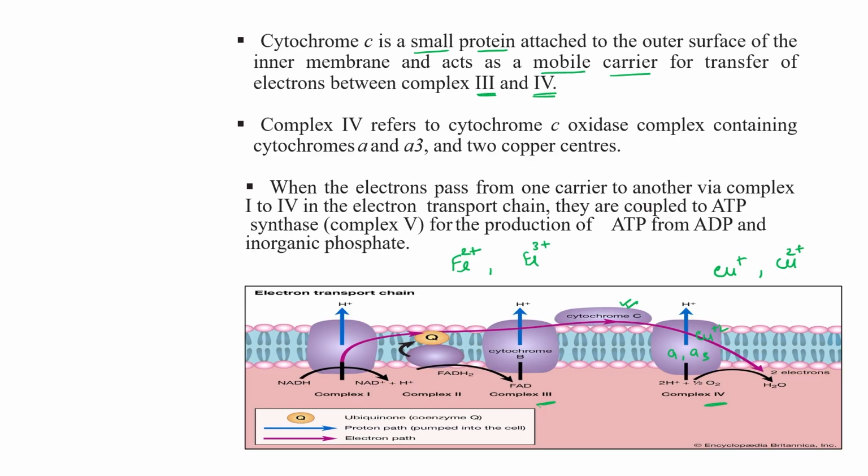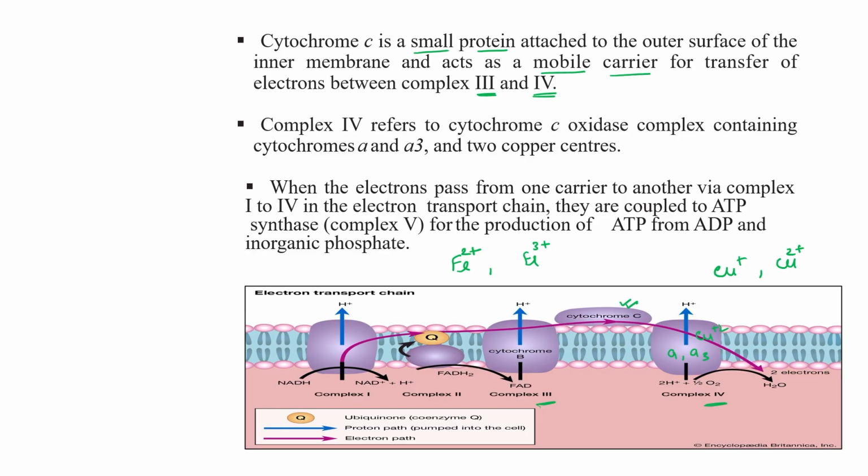So if I am iron +3, I can receive an electron and convert myself into iron +2, and then I can transfer this electron to the next carrier molecule and convert myself back from +2 to +3. In both ionic forms I act as a stable molecule.